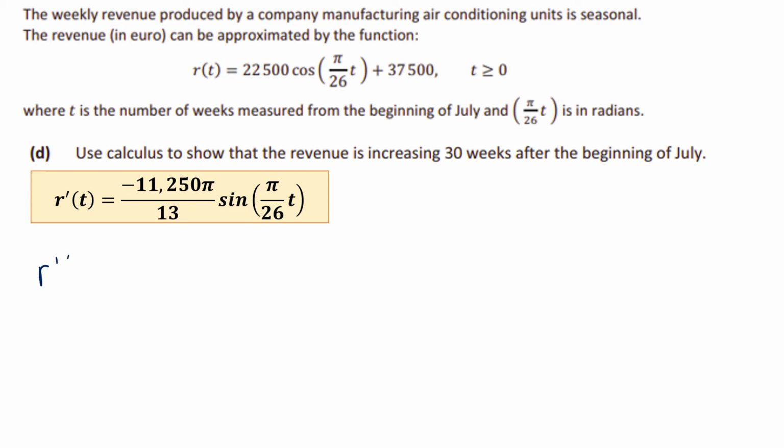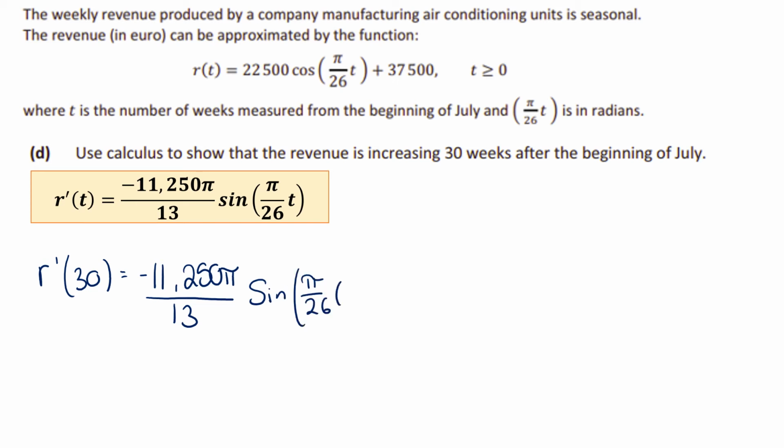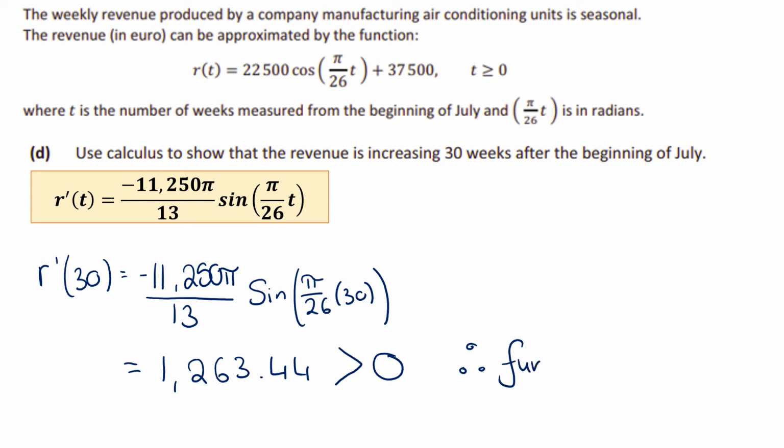We're going to do r dash of 30, which is minus 11,250 pi over 13 sine of pi over 26 by 30. Putting that into my calculator, I get 1263.44. How this tells me it's increasing is that that derivative is greater than 0. Therefore, the function is increasing. If it was negative, the function would be decreasing.